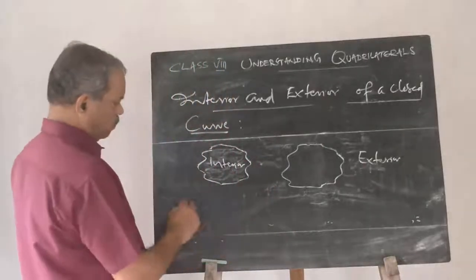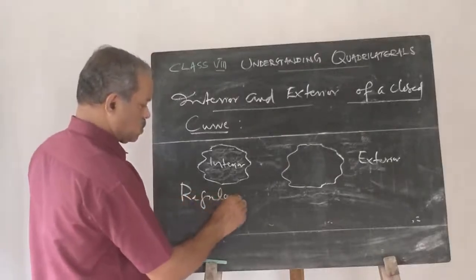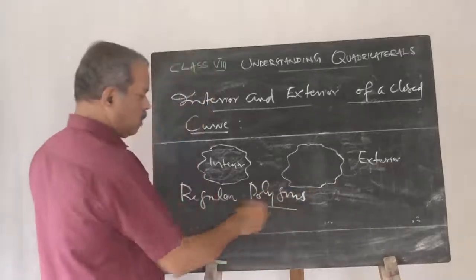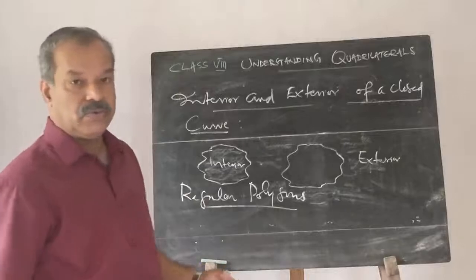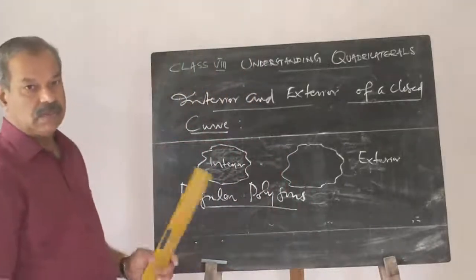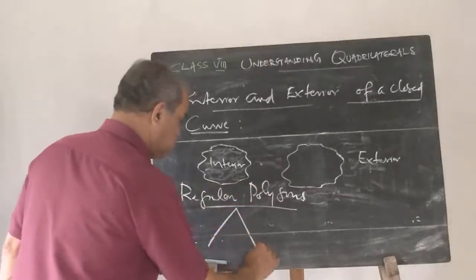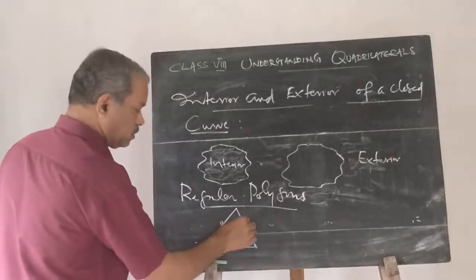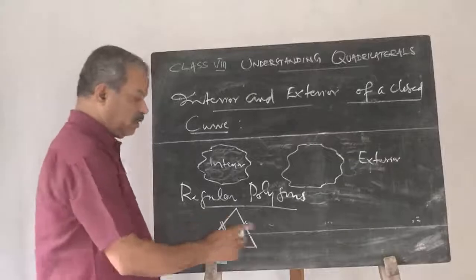Now, regular polygons. What do you call a triangle having all the sides equal? It is an equilateral triangle. And we mark all the equal sides in this manner.